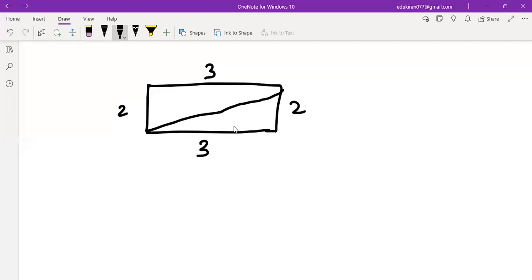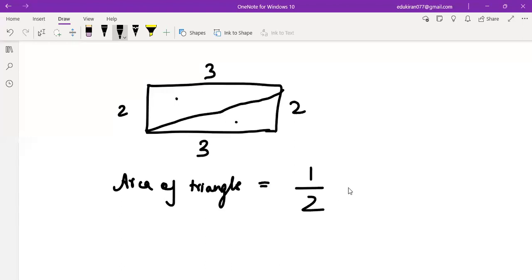The question says to find the area of the triangle. Rectangle is given, but they are asking for the area of the triangle. This is the first triangle and this is the second triangle. Which formula will you apply? Half the area of the rectangle.